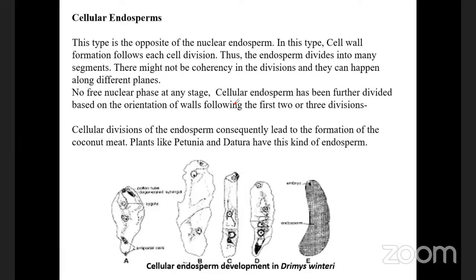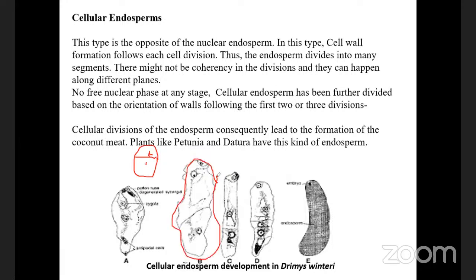Okay, and then you can see here the cellular endosperm. It is opposite to the nuclear endosperm. What happened here? Immediately after the nuclear mitotic division of the endosperm, it takes cellular division also, so that it forms the multicellular structure endosperm.